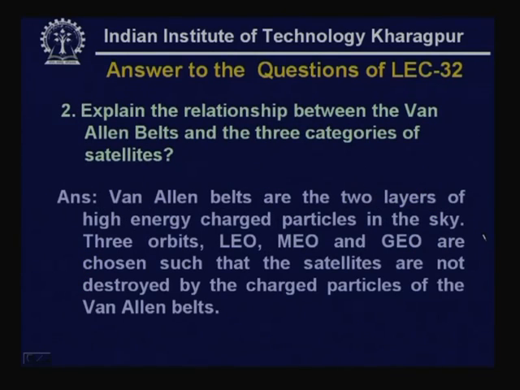Second question was, explain the relationship between the Van Allen belts and the 3 categories of satellites. Answer is, Van Allen belts are the two layers of high energy charged particles in the sky.